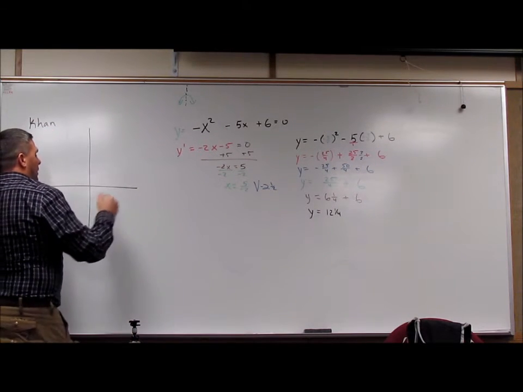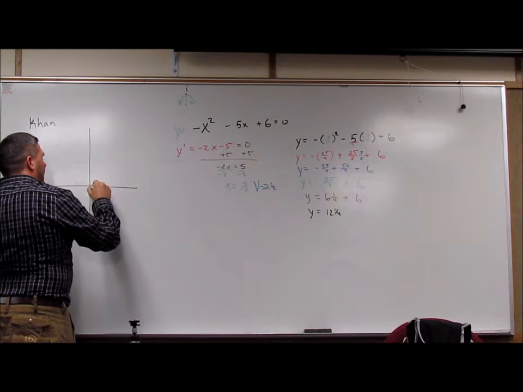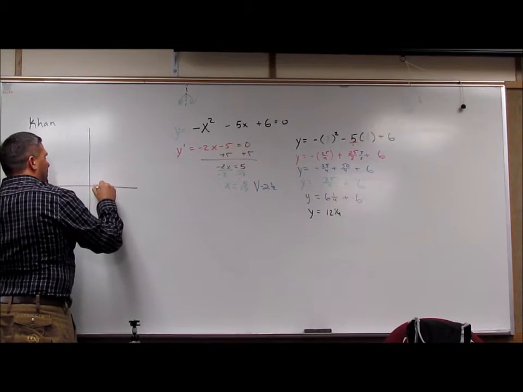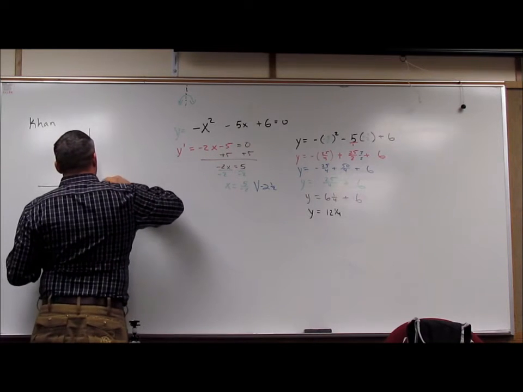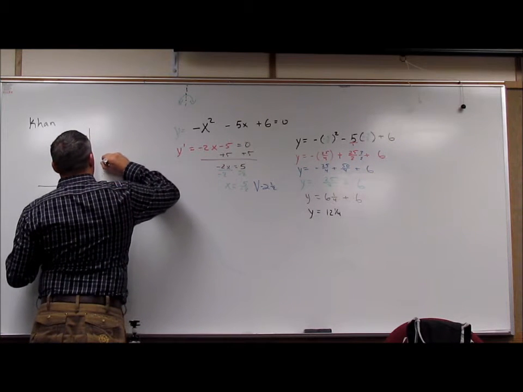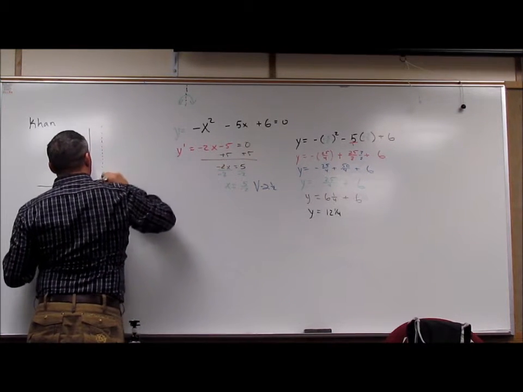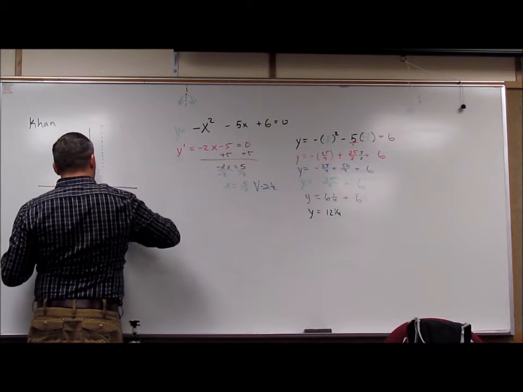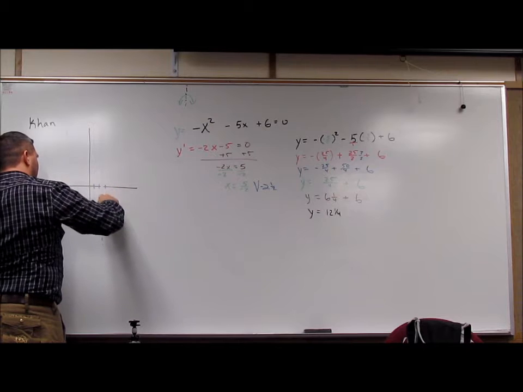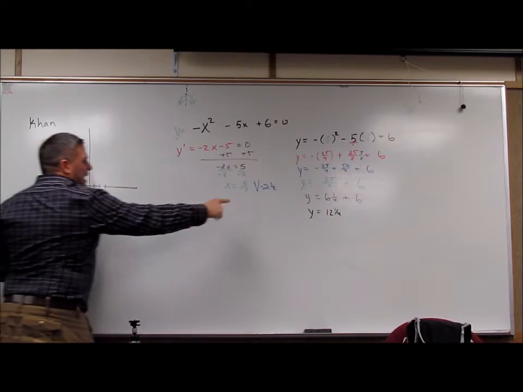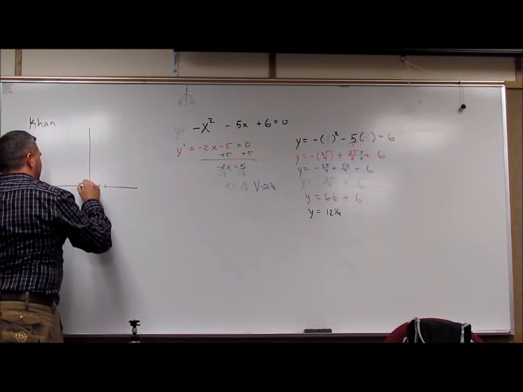So x, 1, 2, 3, and it's at 2.5. Oh, sorry. It's at negative 2.5.